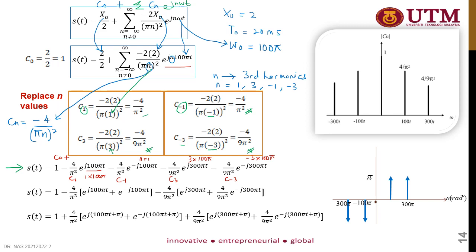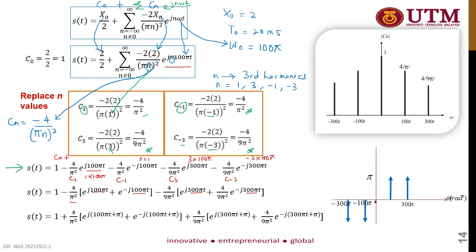Okay, next you can simplify this equation. Group the same coefficient values. In this case, this is for omega 100 pi, and this is the coefficient. This is for the next omega values.